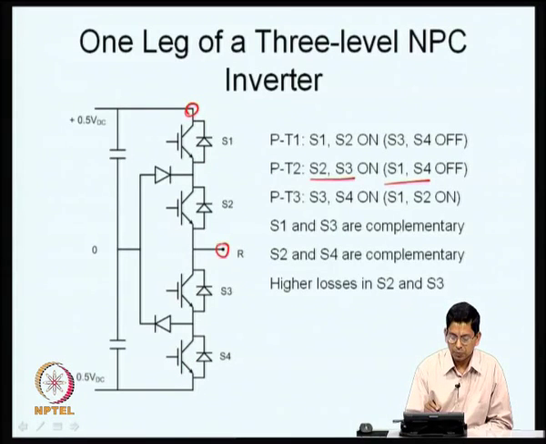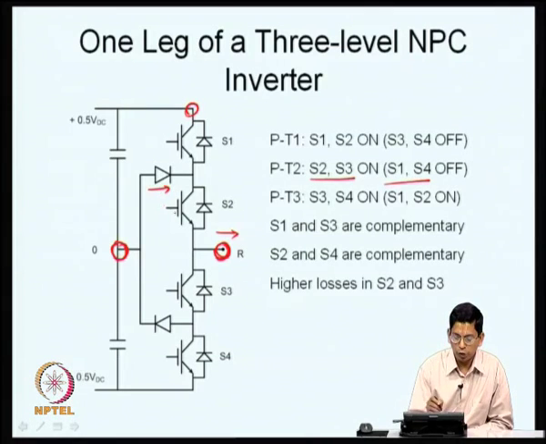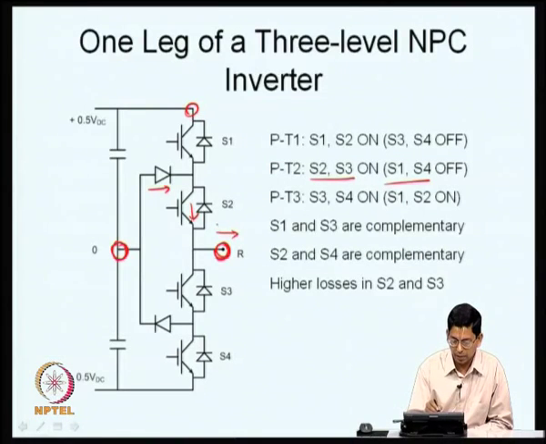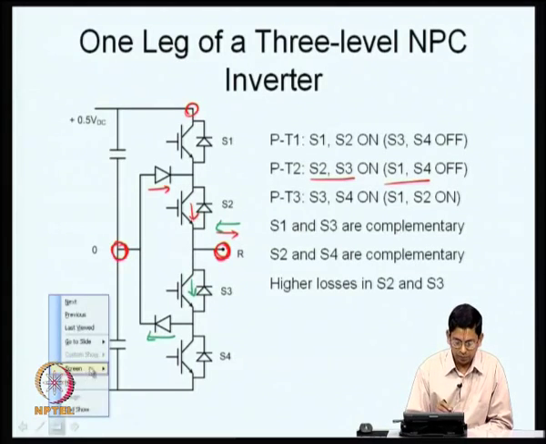In that case the same pole is connected to the midpoint, and the direction of current matters: if this is the direction of current, then you will have current flowing through the diode and the transistor. If the direction of current is opposite, as shown by the other colored ink, then it can flow in this direction through this transistor and through this diode back here.